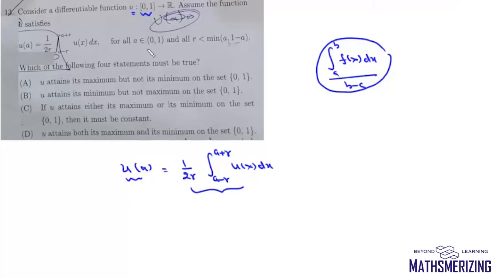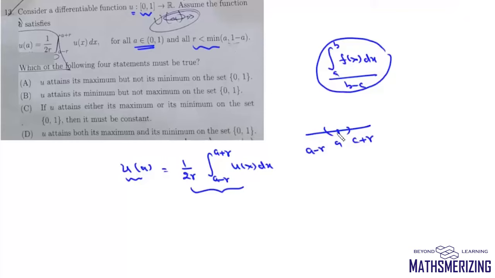So it simply means that for any point A lying between 0 and 1, the value of this function is equal to the average value of the function in any and every interval a minus r to a plus r, provided r is less than the minimum of a and 1 minus a.